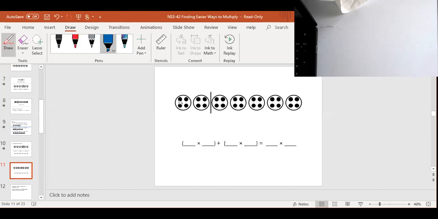So how many groups, how many are in each group on this part of the line? And then you're adding it to how many groups times what's in the groups here. And then you're going to write down the whole thing. How many groups altogether with how many dots. Okay, so I'd like you to pause the recording right now for a second and try to do this and then come back.